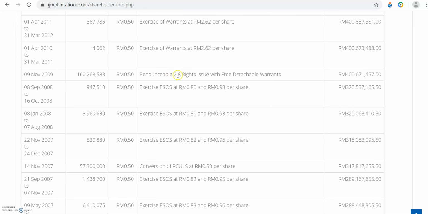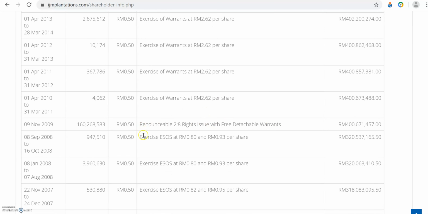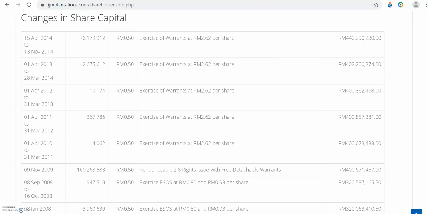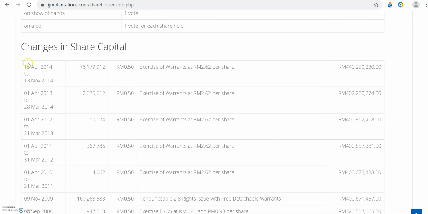I can't really remember the ratio. This is where there were some free detachable warrants. You're going to learn more on warrants during your corporate finance topic and subject. So you can see changes up to 2014, at 50 cents.